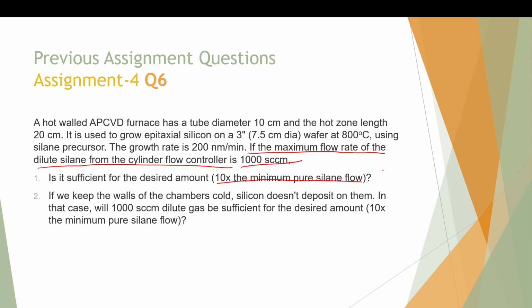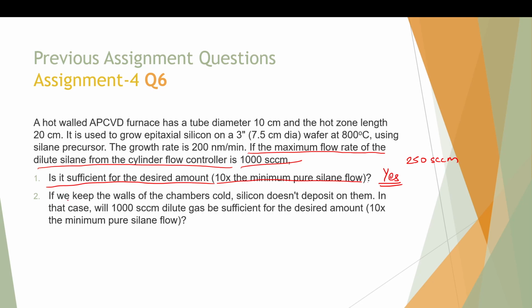So technically this should be yes. According to me, I don't know why in the answer they have given no, because 10 times 25 will be 250 SCCM, which is definitely lesser than 1000, so that should be sufficient. But I guess the other TA will review the assignments again and then we will know the correct answer.